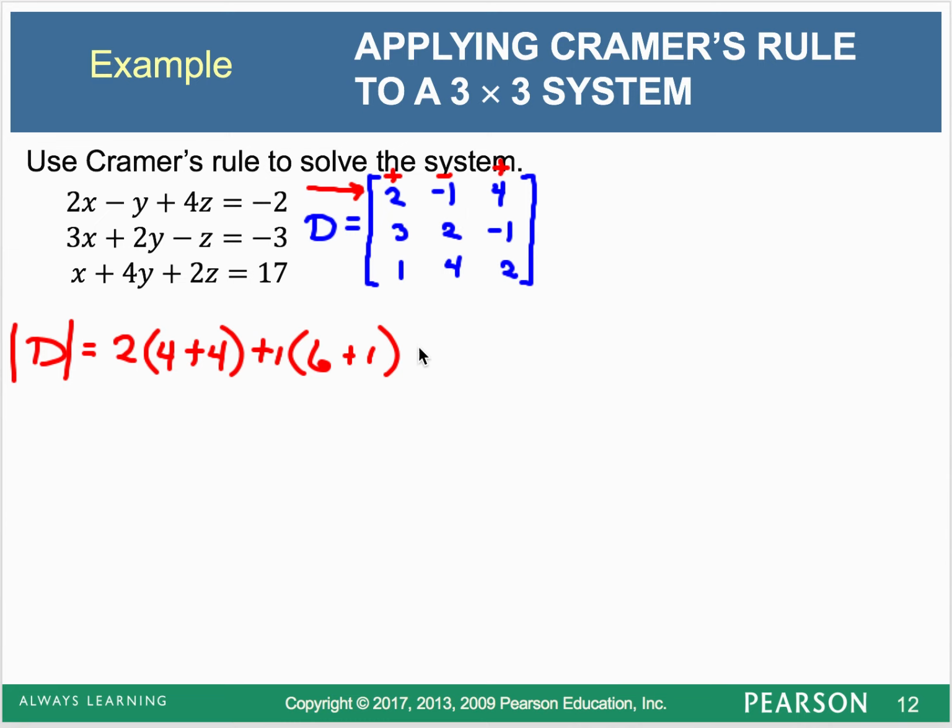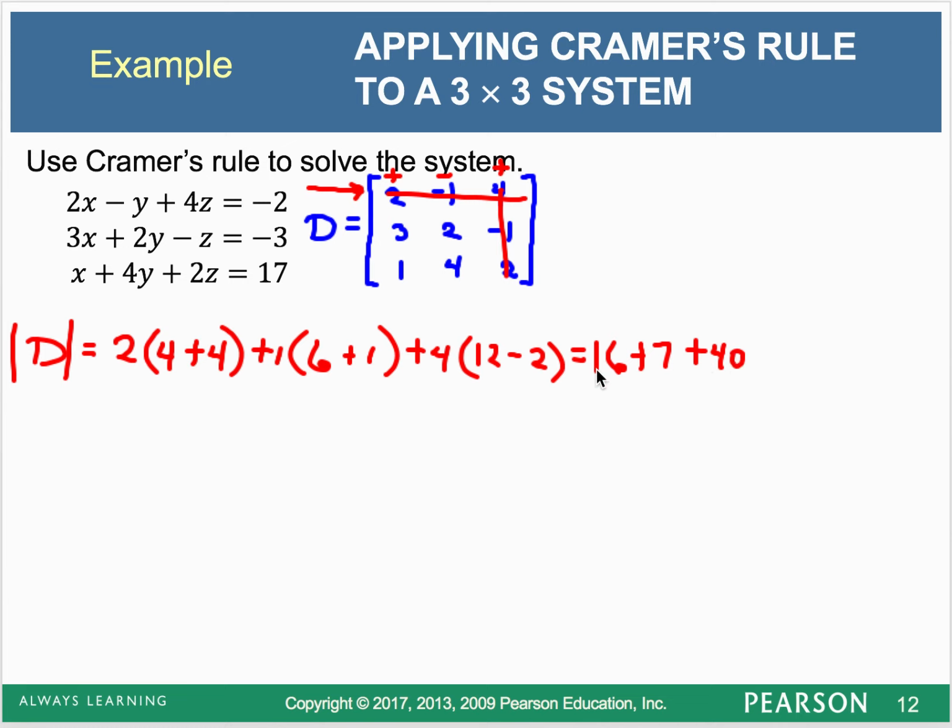And then we'll have plus 4 times 12 minus 2. All right, so that gives us 8 times 2 is 16. 7 times 1 is 7, and 10 times 4 is 40.